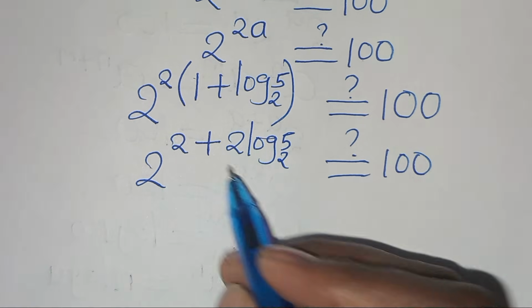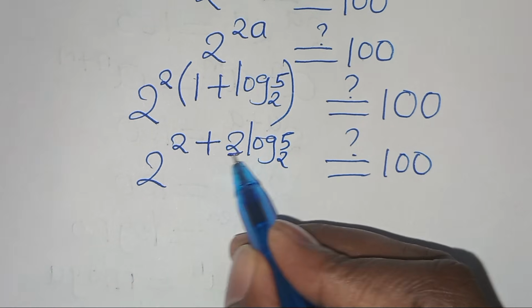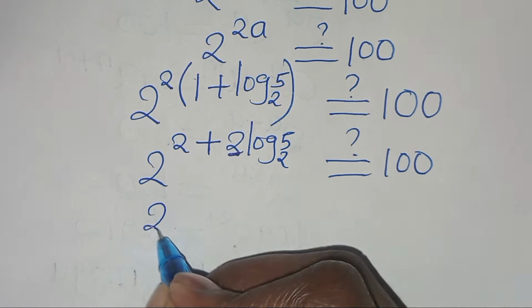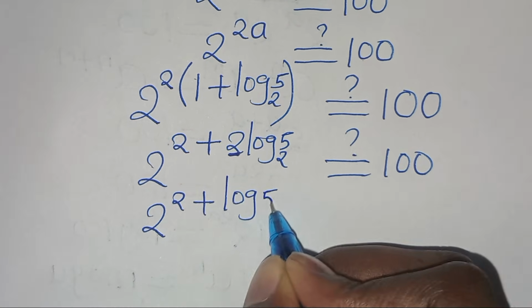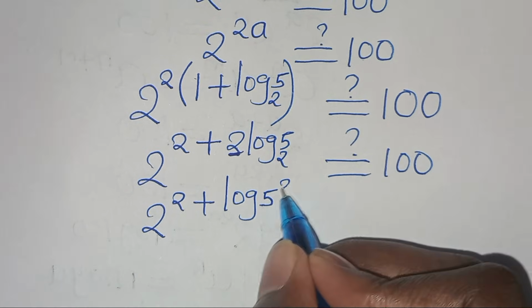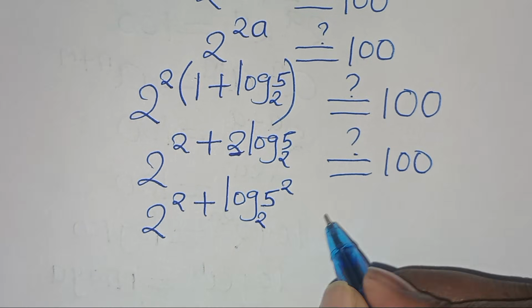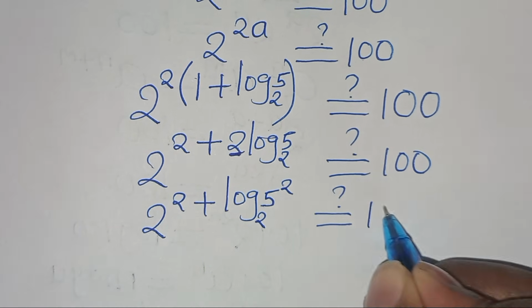So here we have 2 as a power, so we can express this as 2 to the power of 2 plus log 5 to the power of 2 to base 2, which should give us a value of 100.